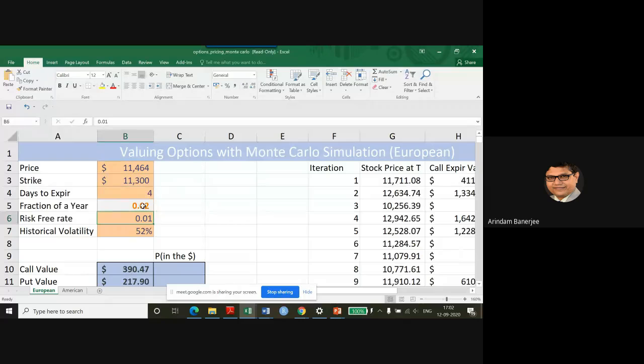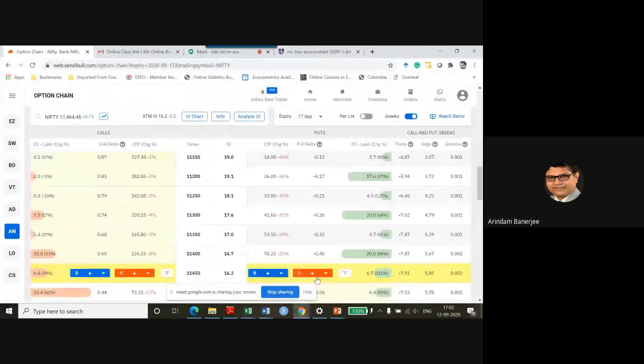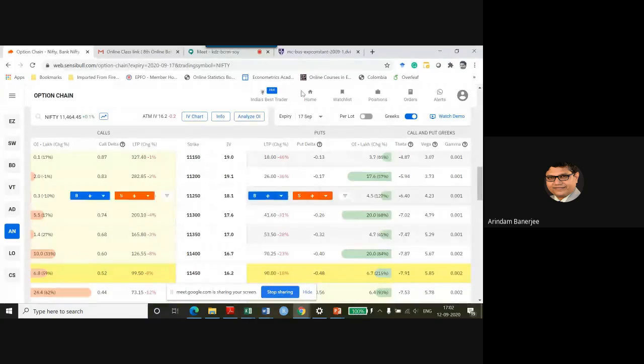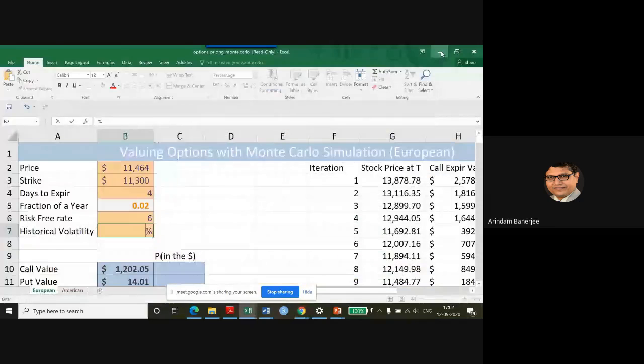So the fraction of year is this by 252. Risk-free rate, if I take say 6%, and historical volatility, if it is not 17, let's see. What's the implied volatility? For 11,300 it is 17.6. So if I take 17.6, for example, 17.